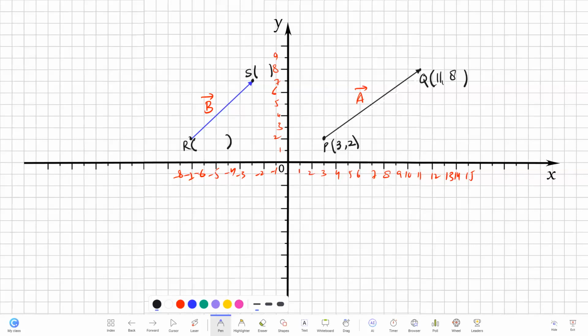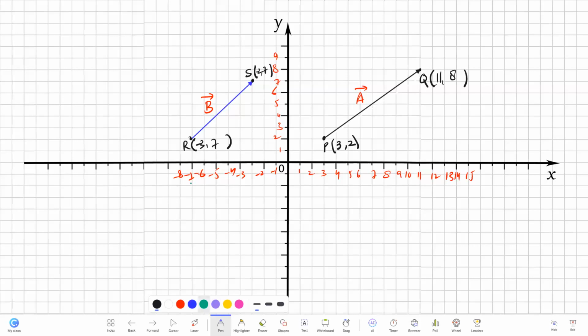R and S. S is -3 and 7, and sorry, R, and S is -2 and 7. Okay, -2 and 7. We got R and S, everything.